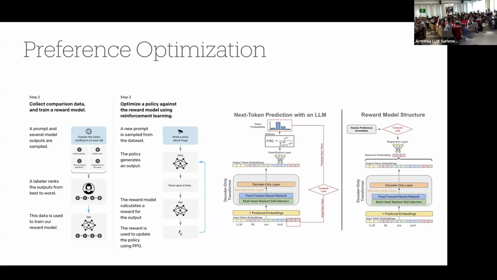Usually these rubrics have many axes, including harmlessness, helpfulness, style, and personality. Then you can optimize the underlying policy, which is the language model, to maximize the reward. The way that you shape the reward is also a very interesting question, and different folks shape it in very different ways.